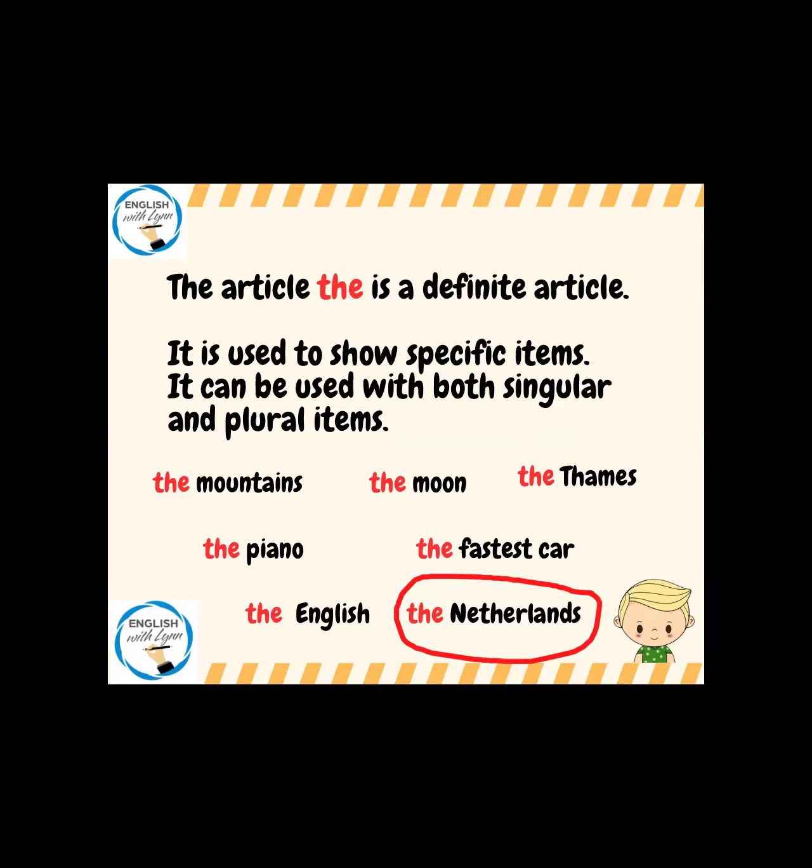United States, lots of states making up the one country, so they say the United States. If you are speaking about groups of islands, so the Philippines, the Bahamas, they are all plural countries. So those are the reasons for using the.